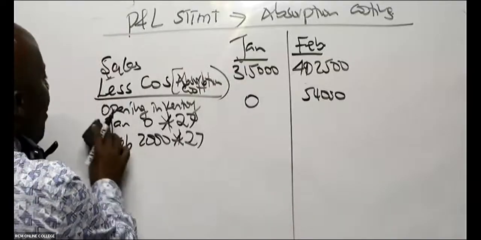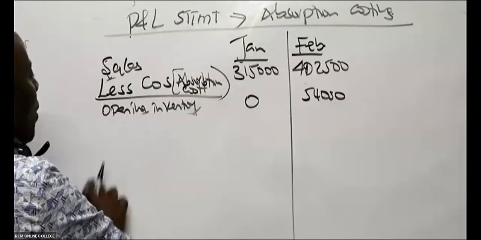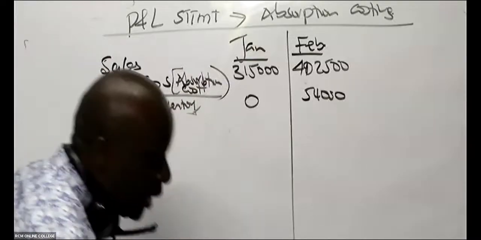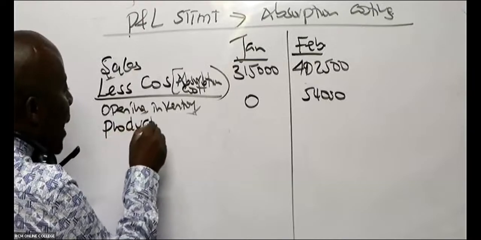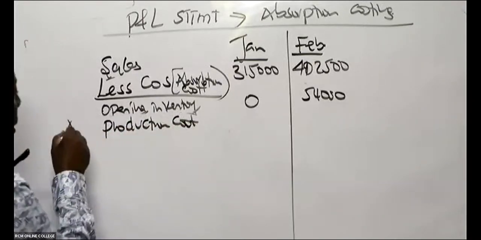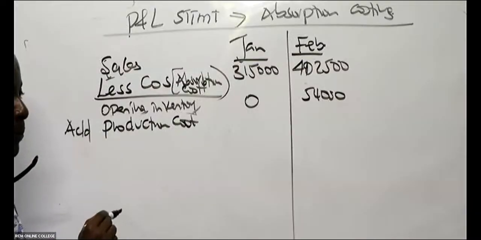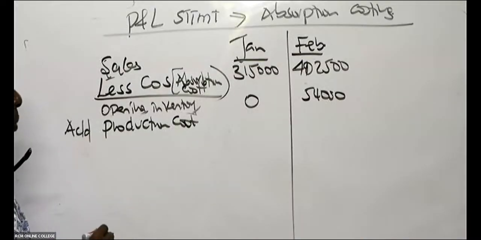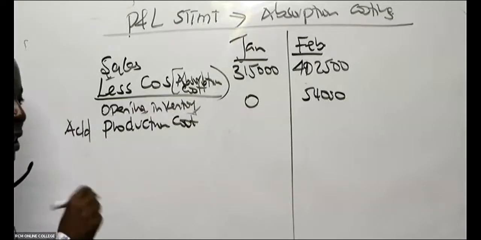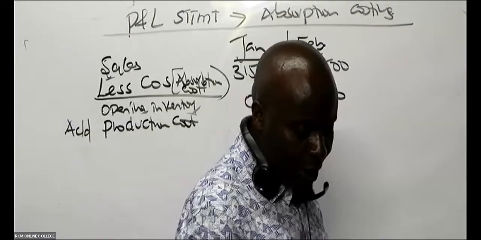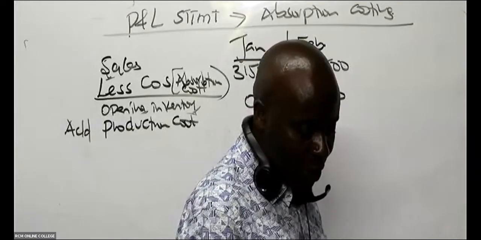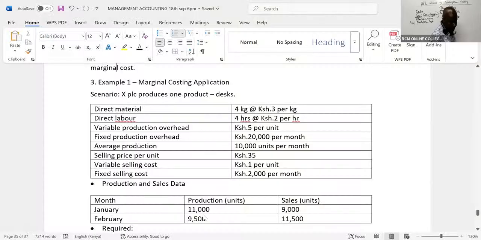Now, after opening inventory, the next one is add production cost. Our production cost will always be pegged on the units that we produced in the period. January is 11,000, February is 9,500.